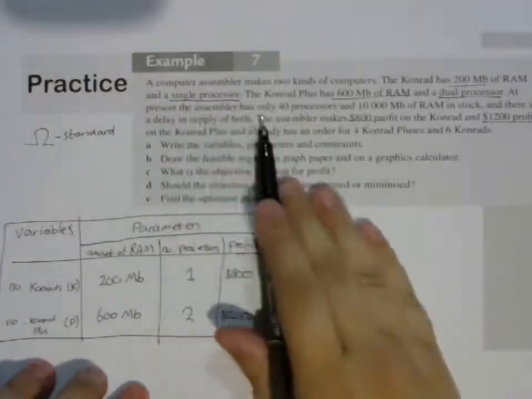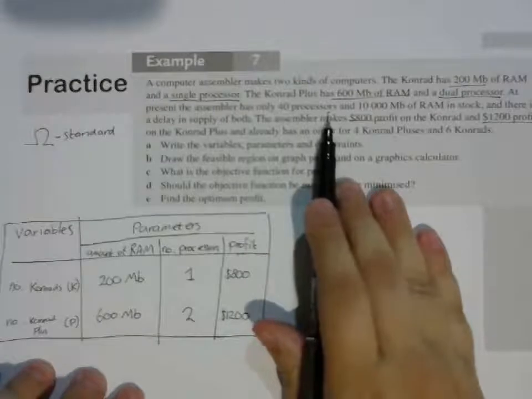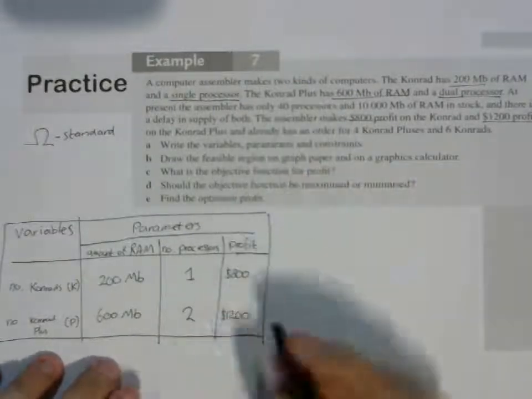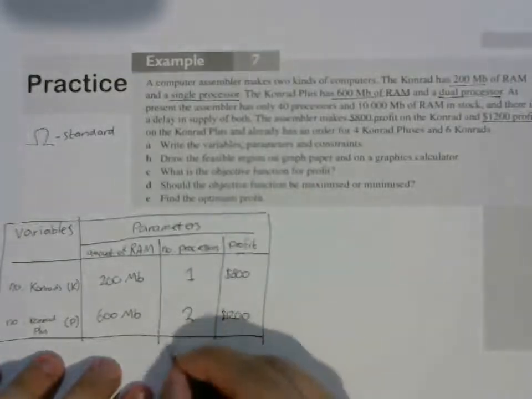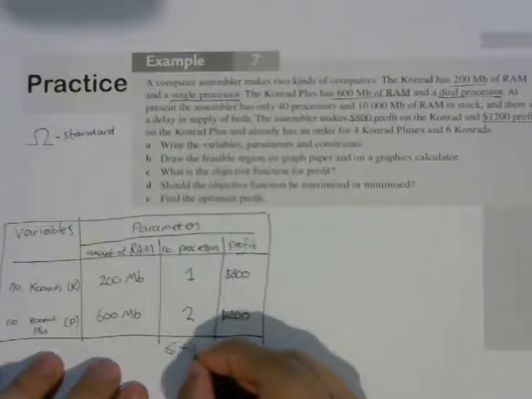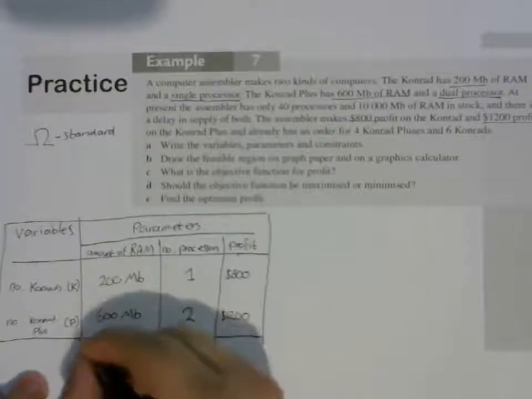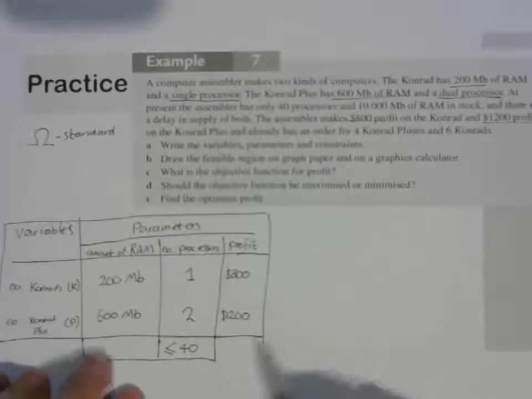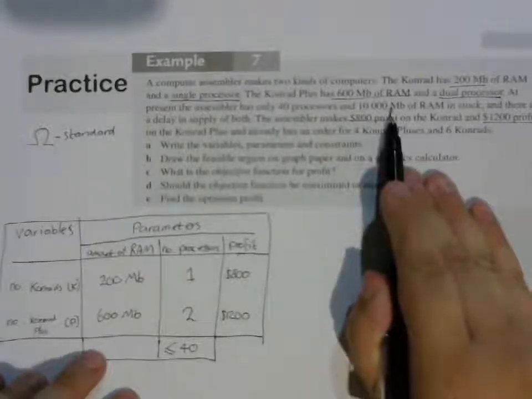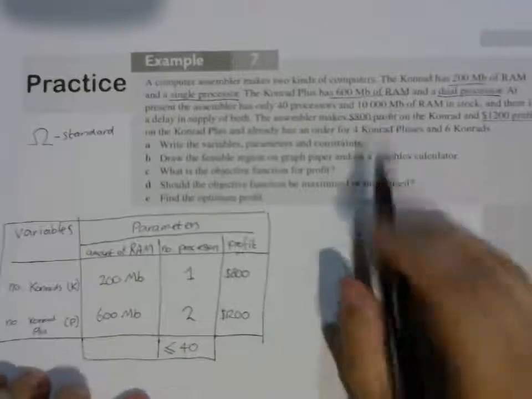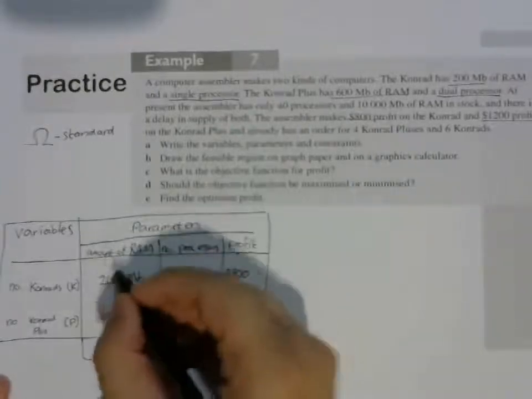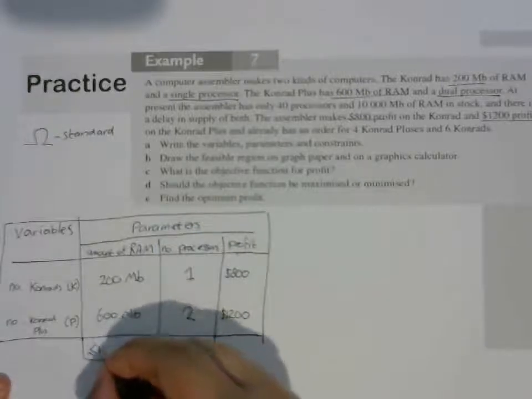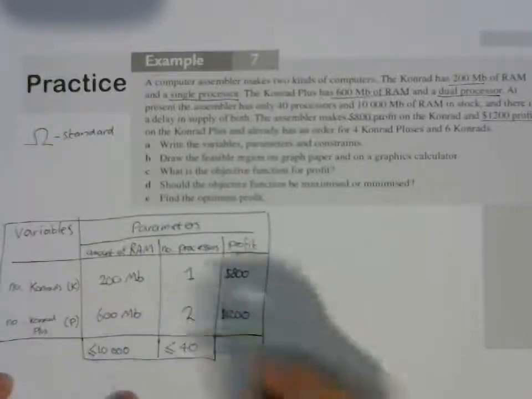At present, the assembler has only 40 processors available. That means we can only use up to 40 processors. So the number of processors we use has to be less than or equal to 40. We also have a limited amount of RAM. We've got 10,000 megabytes of RAM available. So at the end, the total amount of RAM we use has to be less than or equal to 10,000.